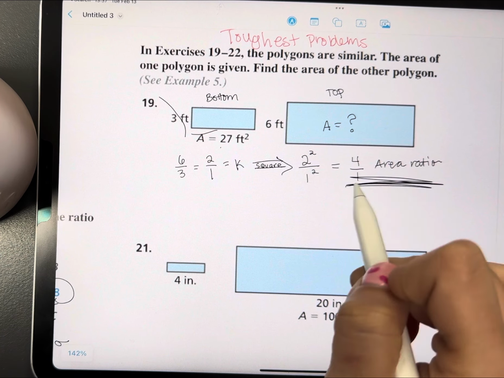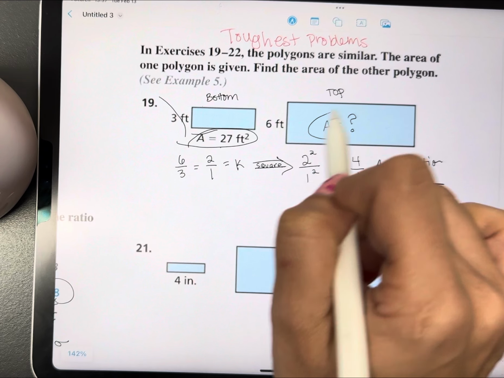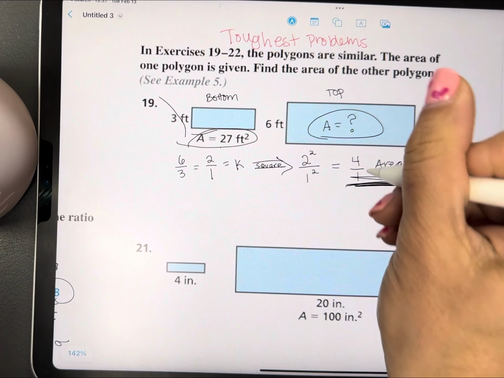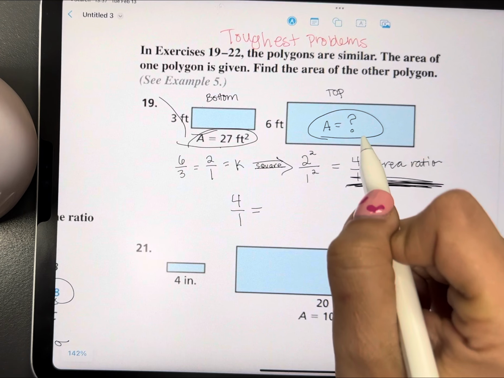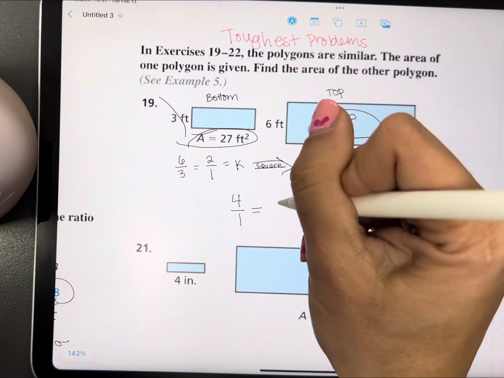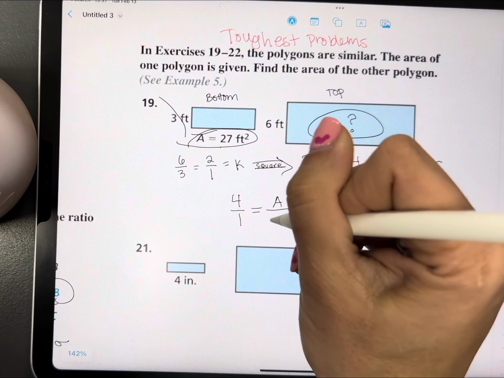Only once I have the area ratio can I go and mess around with areas, all right? So now I'm going to say 4 to 1 equals my unknown area over this area.